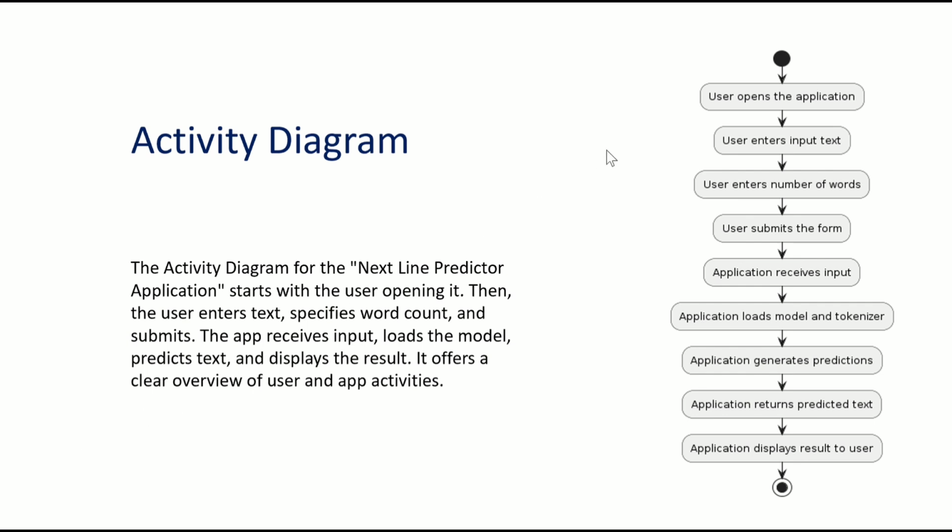Activity diagram. First, the user opens the application, enters the input text, enters the number of words, and submits the form. The application receives input, loads the model and tokenizer, generates predictions, returns the predicted text, and displays the result to the user.